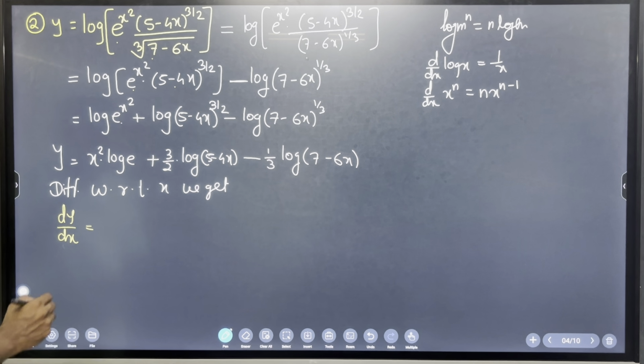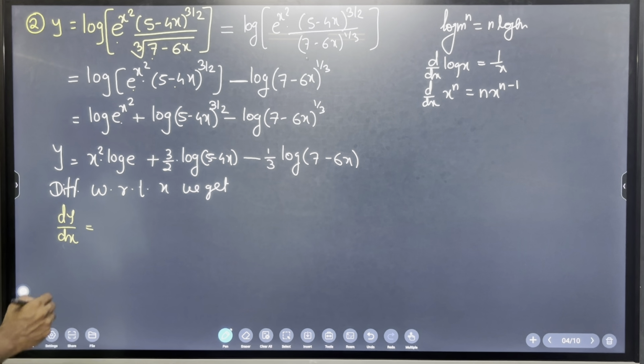So what is the answer of this? Function raised to constant. So the answer is very easy. What is the derivative of x square? That is 2x, and we know that log e is 1, so write 1. Next, 3 by 2 is the constant, so it is multiplied with the function, and it stays as it is.